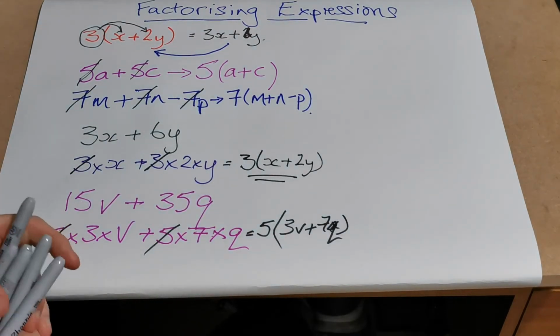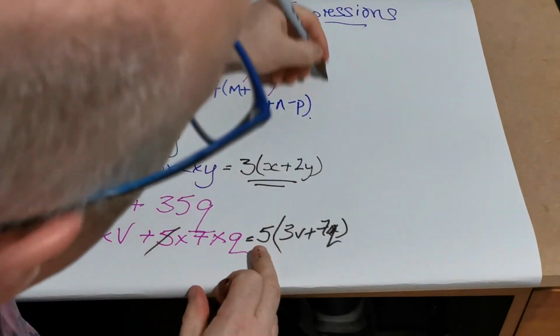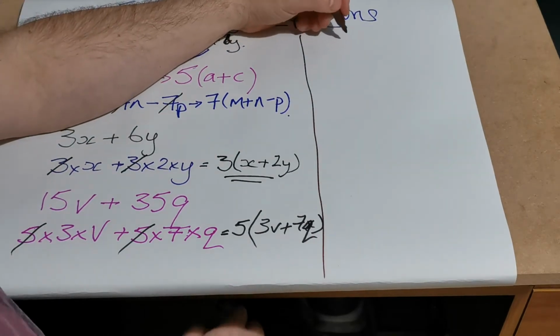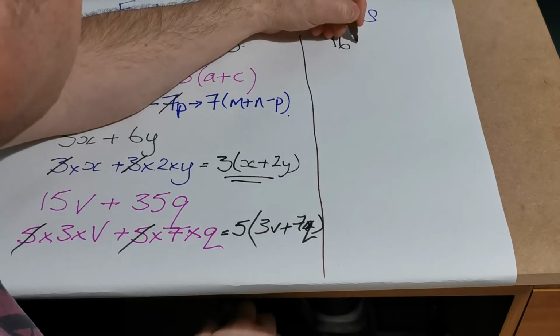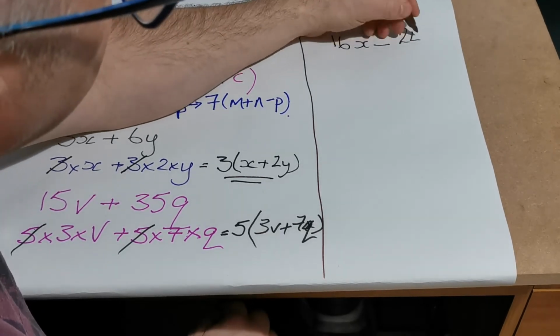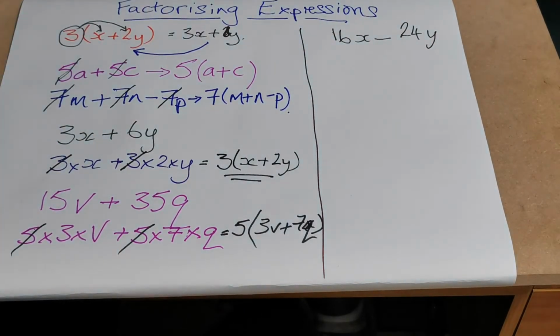Now, you would think that that would be it, but there is just another subtlety. If I went for 16x - 24y, you could say, oh, they are definitely in the 2 times table, both even numbers, so I'll do 2 times 8 and 2 times 12.